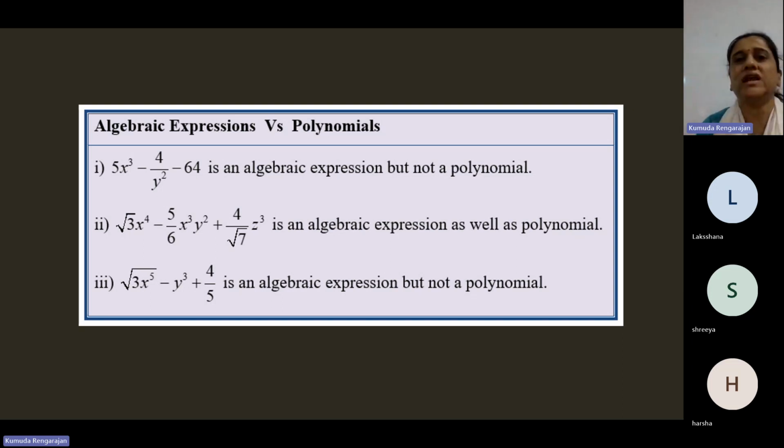So the rest of the collection are called constant polynomials. Every constant is a constant polynomial. 5 is a constant polynomial. Root 2 is a constant polynomial. A constant polynomial can be rational or irrational.